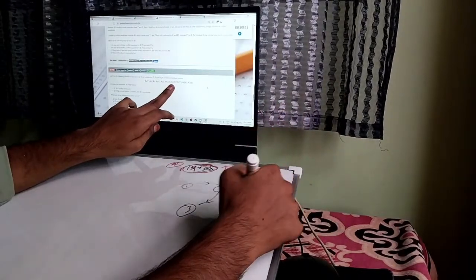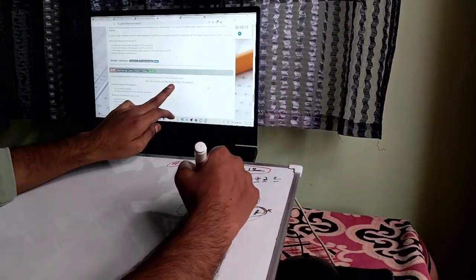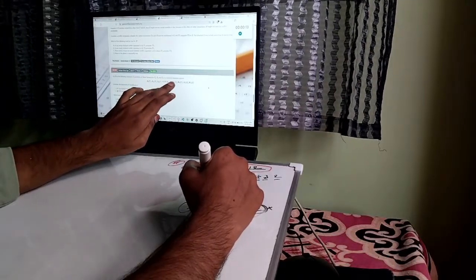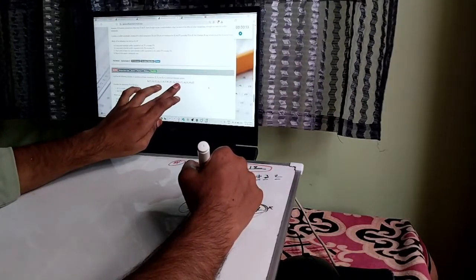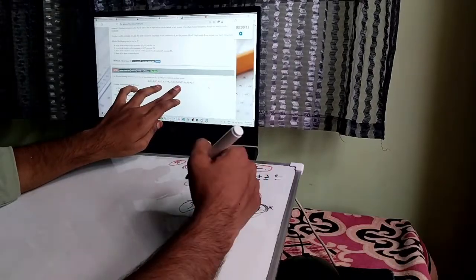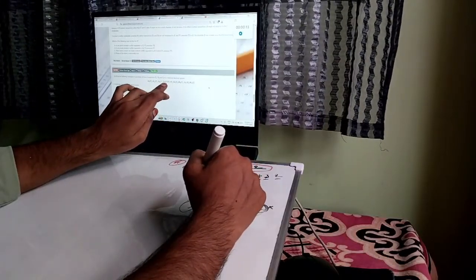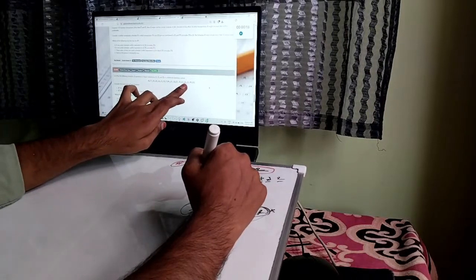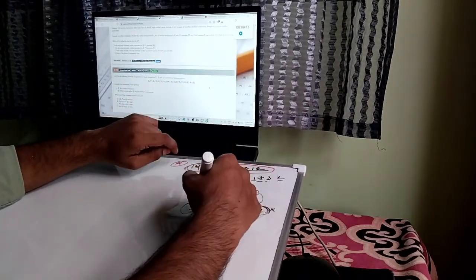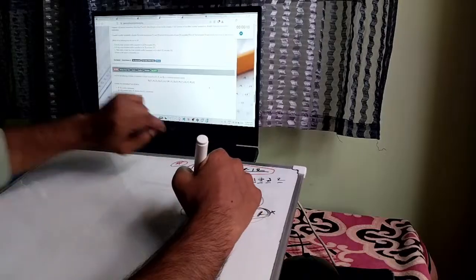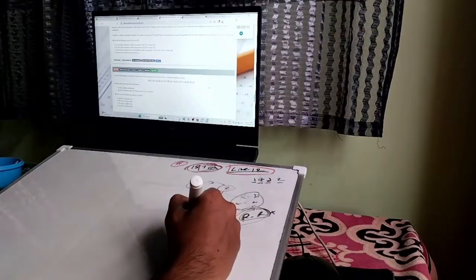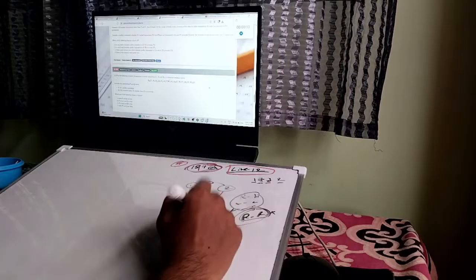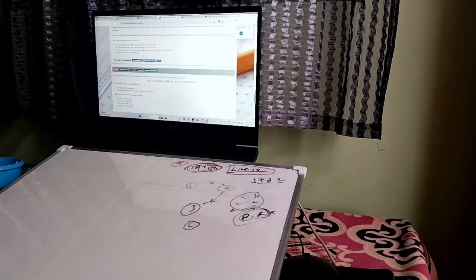Z is here. R3, X. No, right, it is not a cycle. If there is no cycle, then it is conflict serializable.